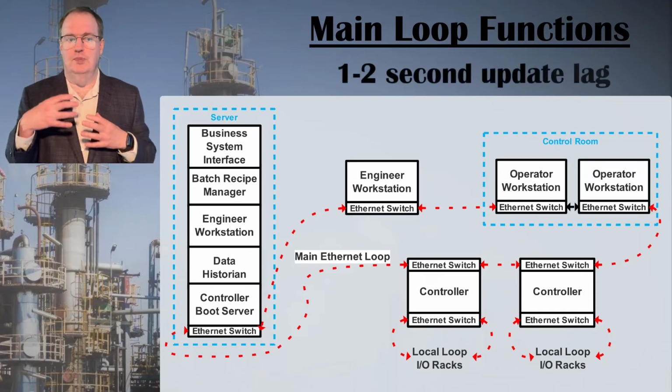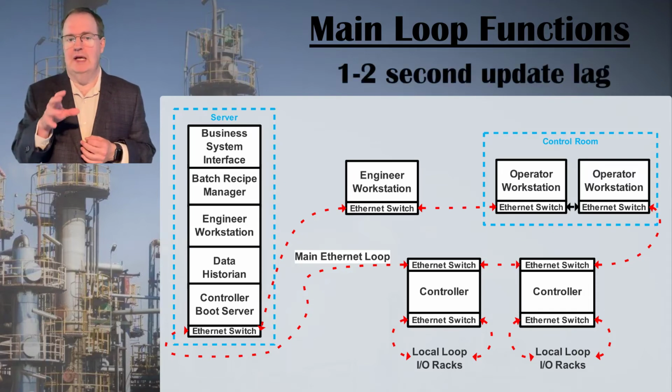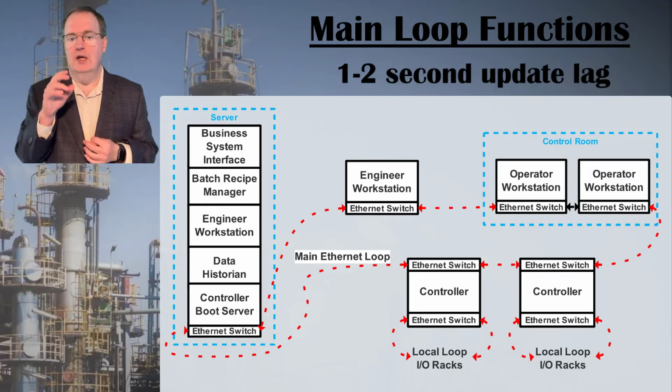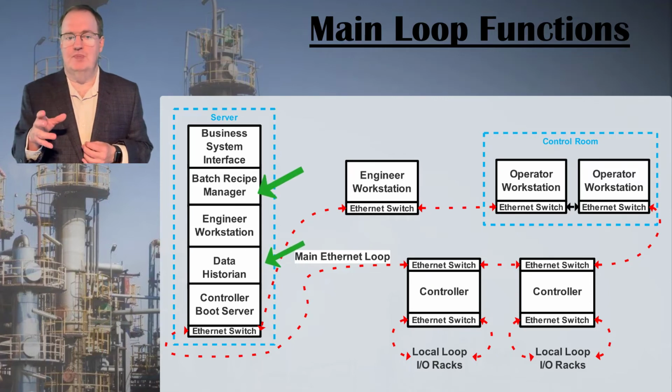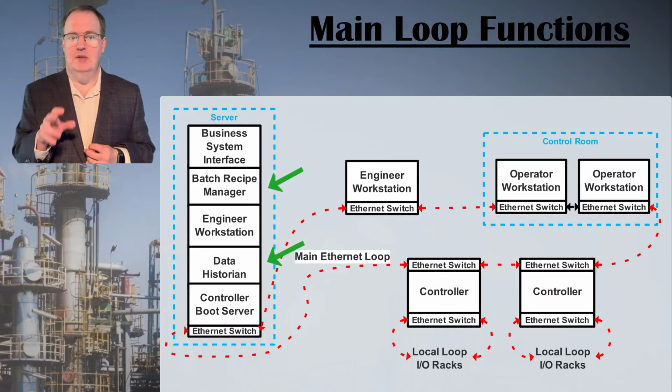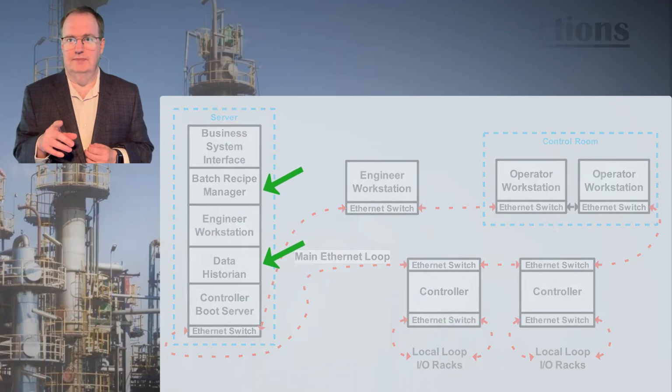In a control room, you're seeing a virtual echo of the plant and controllers working with a 1 to 2 second delay. Data is stored in a historian, and a batch recipe manager stops and starts phases, all from a central server that doesn't need lightning fast communication to do its job.